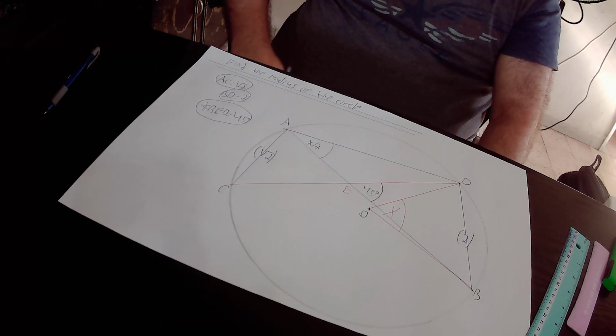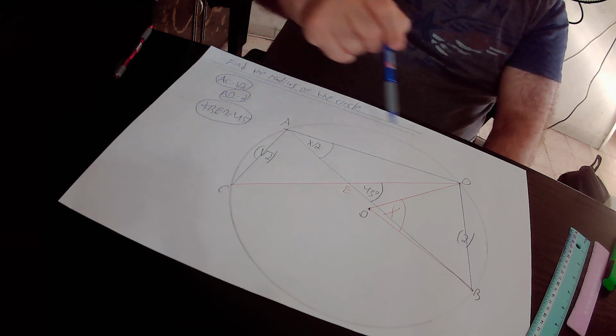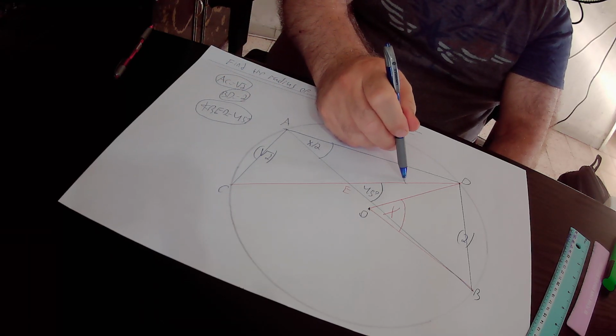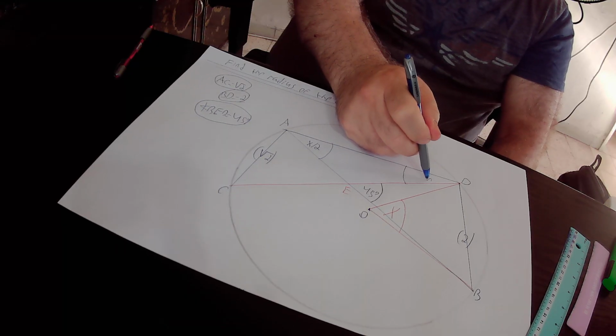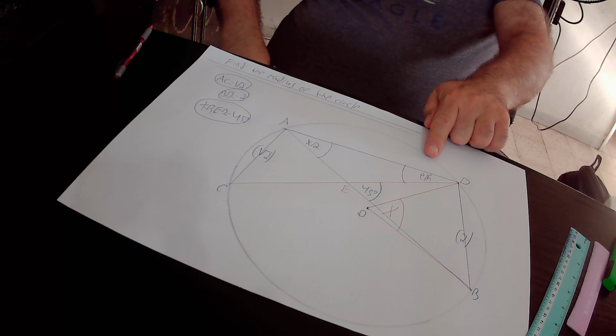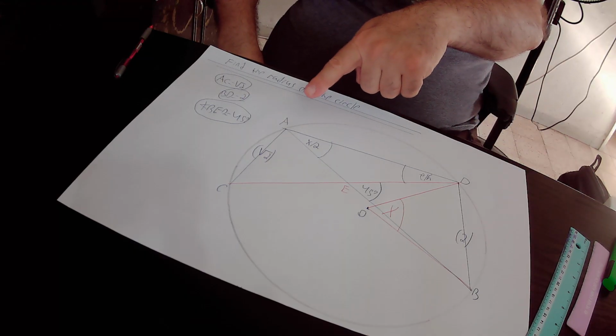In the next step, we will define the size of this peripheral angle ADC. The size of this peripheral angle is y over 2. So this is peripheral angle ADC, and this peripheral angle ADC is subtended on chord AC.